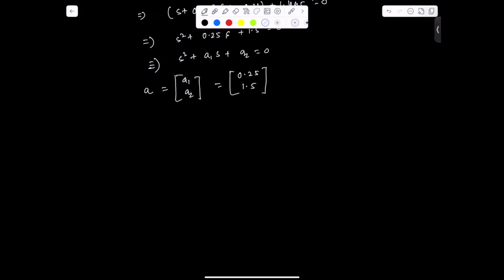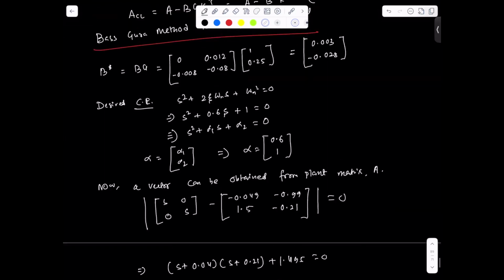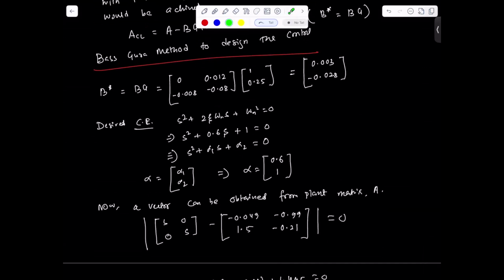Now we have to find the P matrix, the controllability matrix. So we have to use this B matrix here. Instead of simple B, you have to use the B star matrix.